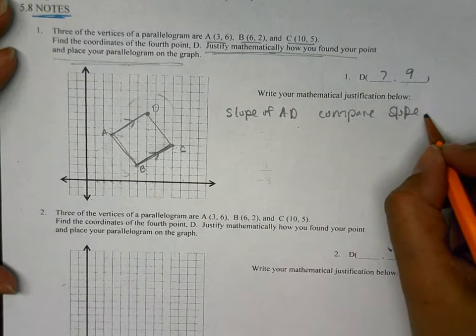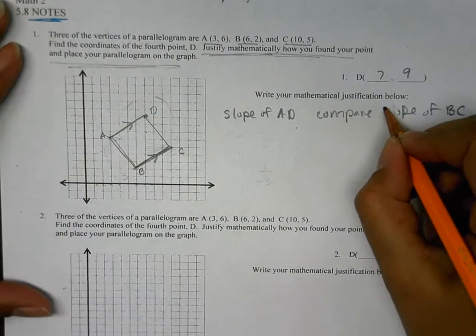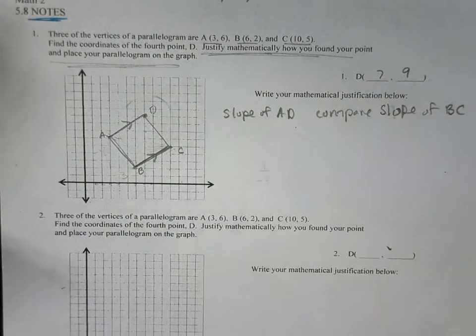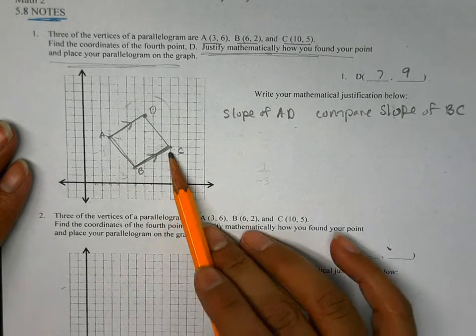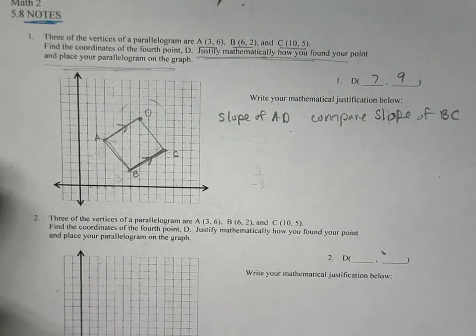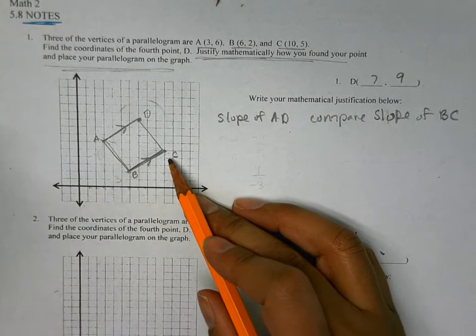BC. All right, there's going to be more to this problem, but this is just this piece for now. We're going to do the slope of AD and compare to the slope of BC. What do we know about the two slopes? They should be the same or different? The two slopes should be the same. That's what makes them parallel.